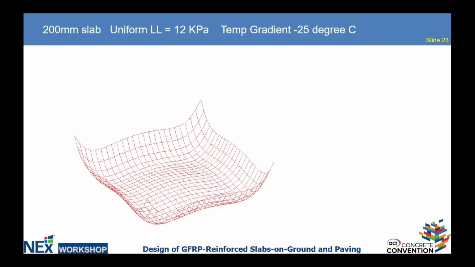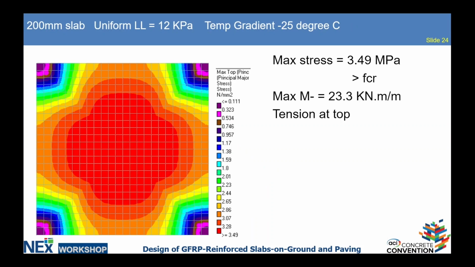In Canada, we also have to design for the negative thermal gradient because the top can become colder. So if you subject the slab to minus 25 degrees C, the corners will lift up. So you apply a uniform live load, it will crack the slab at the top.